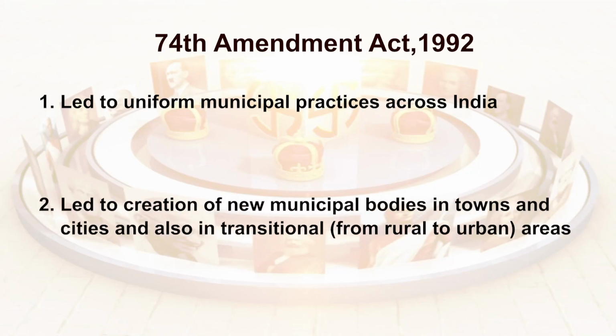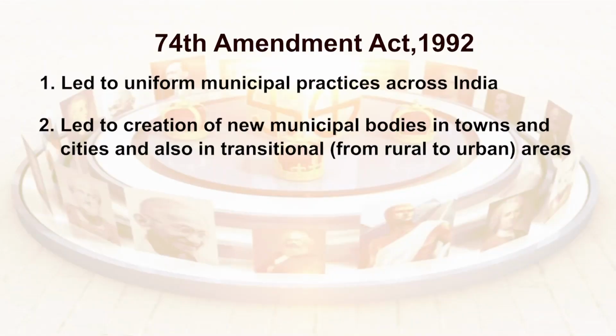Two, it has led to the creation of new municipal bodies in towns and cities, and also in transitional areas, like areas which are transiting from rural to urban areas. So, almost the whole of established urban areas and the areas which are now becoming urban are now covered by an intricate network of municipal systems.